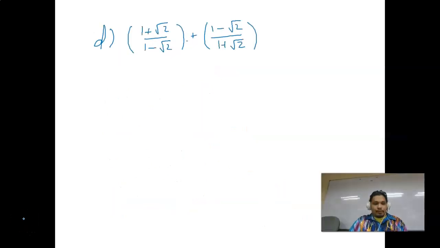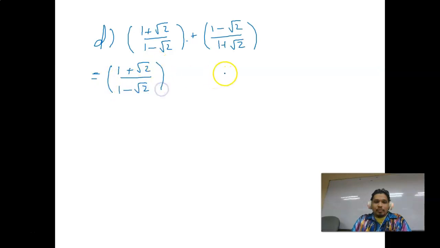Okay, so for question D, look at this one here, class. For this one, if I make it like this: 1 plus square root of 2 divided by 1 minus square root of 2, plus 1 minus square root of 2 divided by 1 plus square root of 2.